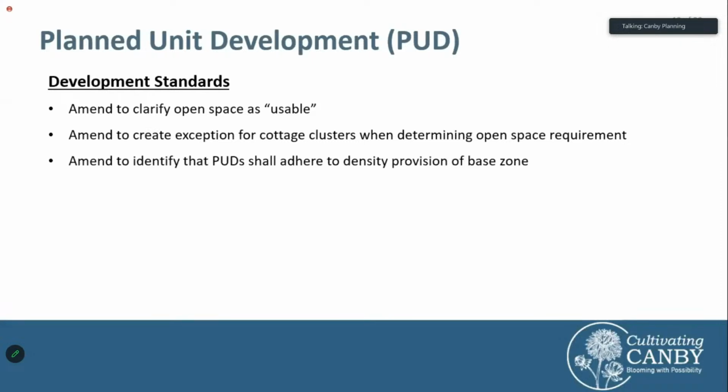Would there be some kind of exception if the cottage cluster does not meet that minimum of 12 units to require open space? It's a good question, so we didn't get there yet, but spoiler alert, we require cottage clusters to have a minimum of 4 units, and you are required to have what we call a common courtyard with a cottage cluster.